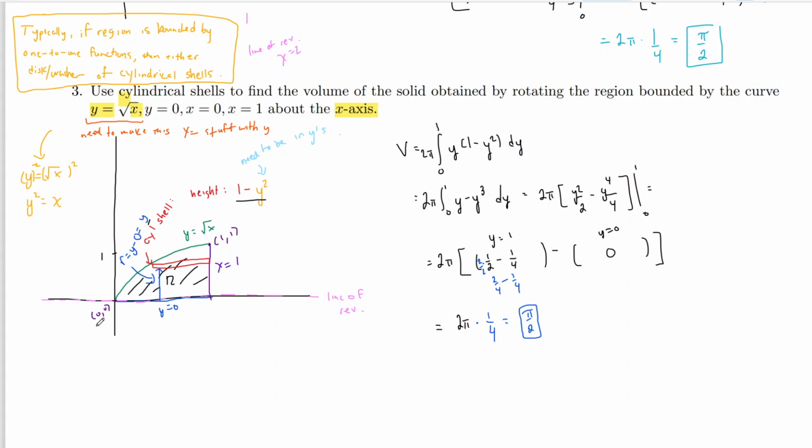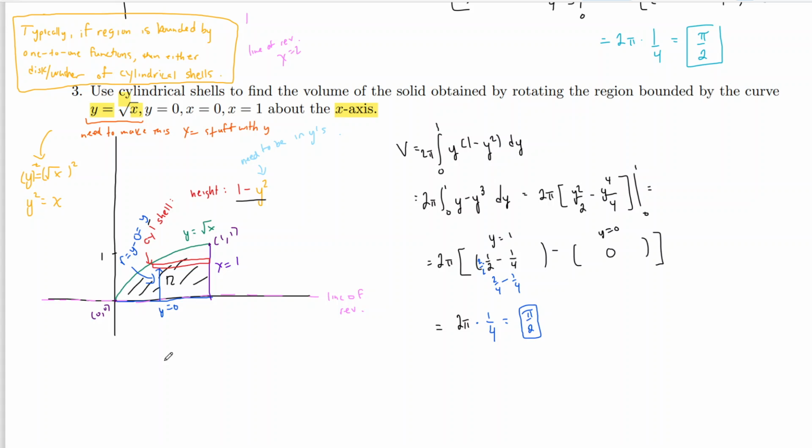One thing I encourage you, if you're not comfortable with the cylindrical shells, especially with this problem, is that it shouldn't be hard to do this problem with the disc. So you would run through the vertical slabs here, looking at the radius of your disc as you rotate them. And this would be the disc method, if you use the disc or washer method, because the entire line of revolution here is touching the entire region.